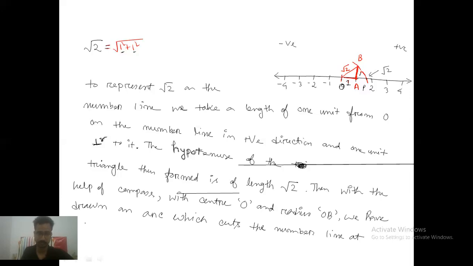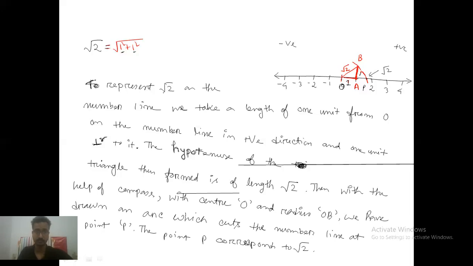At point P. Yes or no? At point P, this arc cuts the number line at point P. Yes or no? The point P corresponds to √2. Okay, so this statement you have to write down.